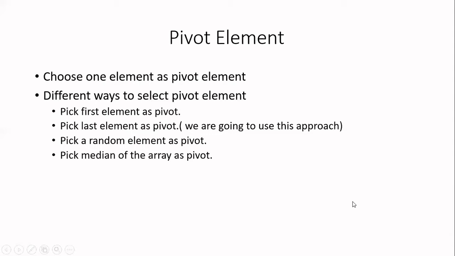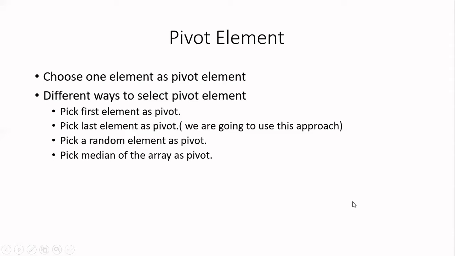Suppose any element is equal to the pivot element, it is up to you while writing the program whether to place the element to the right or to the left of the pivot element. There is no hard rule for this equal case. But when the number is less than the pivot element, you have to move it to the left, and if the number is greater than the pivot element, you have to move it to the right. So these are the two important points.